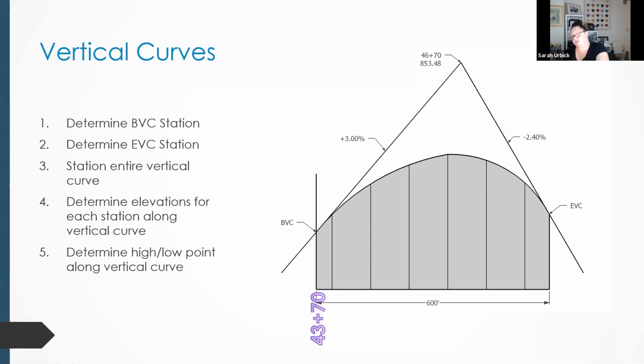Yes, it is half. Okay. So it is the point of vertical intersection minus L over 2. Here our L is 600, L over 2 gives us 300. Subtracting that from our point of intersection, it does give us the 43 plus 70. Okay.